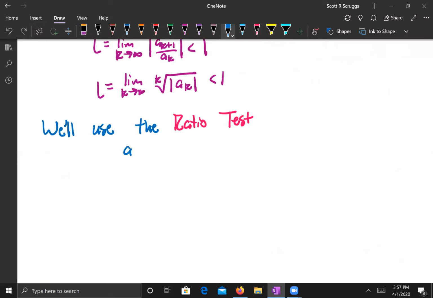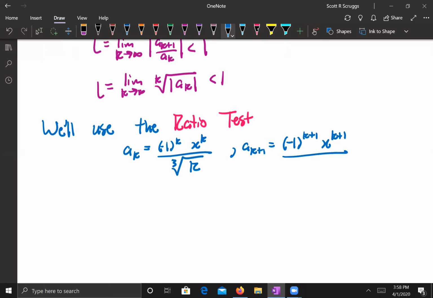And in this case, when you're talking about the ratio test, my A of k is still going to be the same setup as before. The only difference is now I have x popping in there.